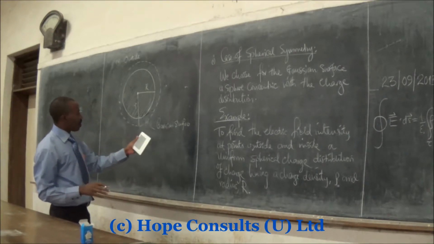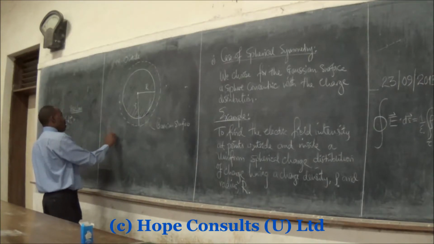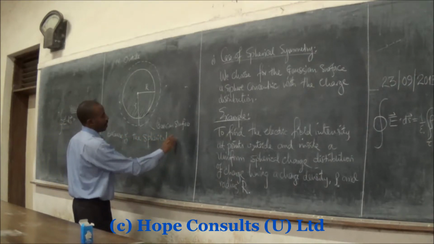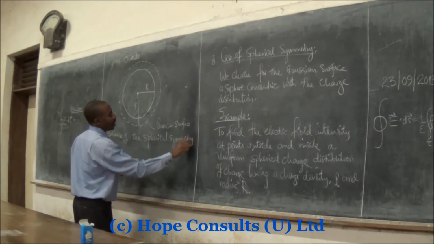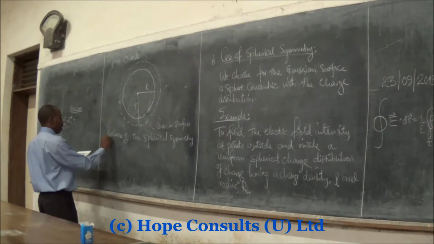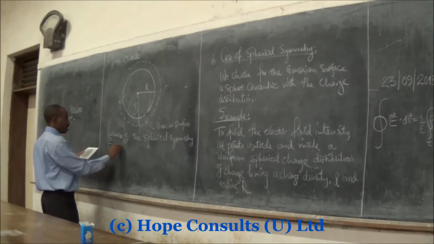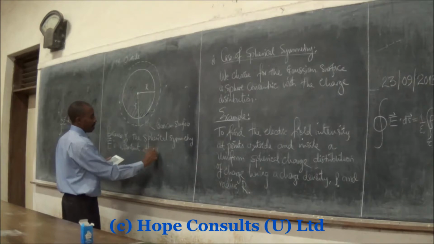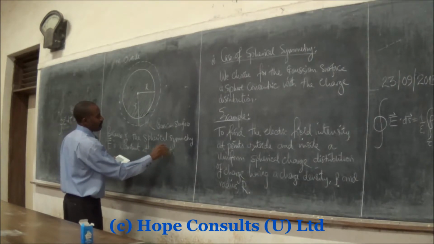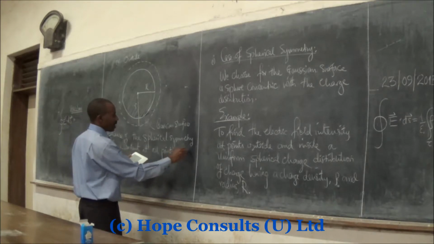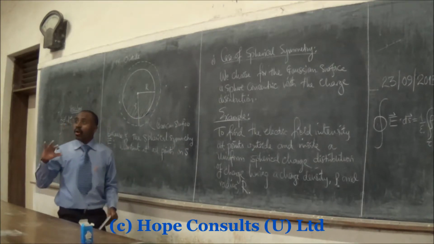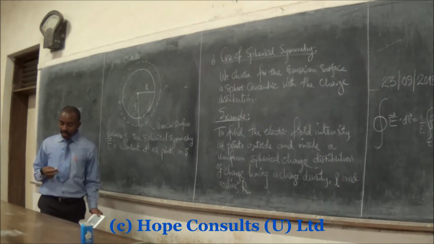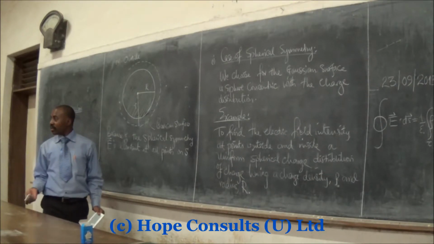So with this, I apply, because of the spherical symmetry, E, the electric field intensity, is constant at all points on S. What we are saying is, if you move around the surface of our sphere, at each point the electric field intensity will be the same because the radius of that surface is the same.